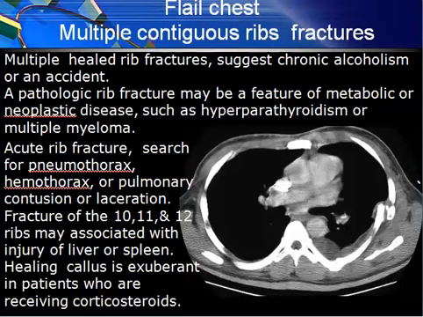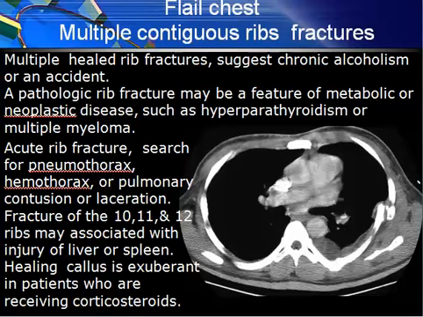A pathological fracture may be a feature of metabolic or neoplastic disease, for example hyperparathyroidism, multiple myeloma deposits, etc. Acute rib fracture: if you have acute rib fracture, search for pneumothorax, hemothorax, or pulmonary contusion or laceration.